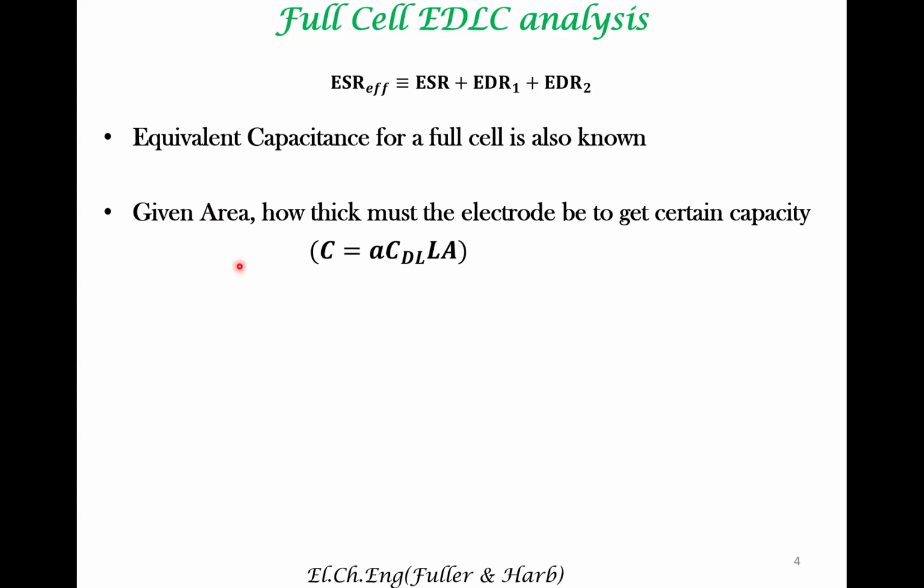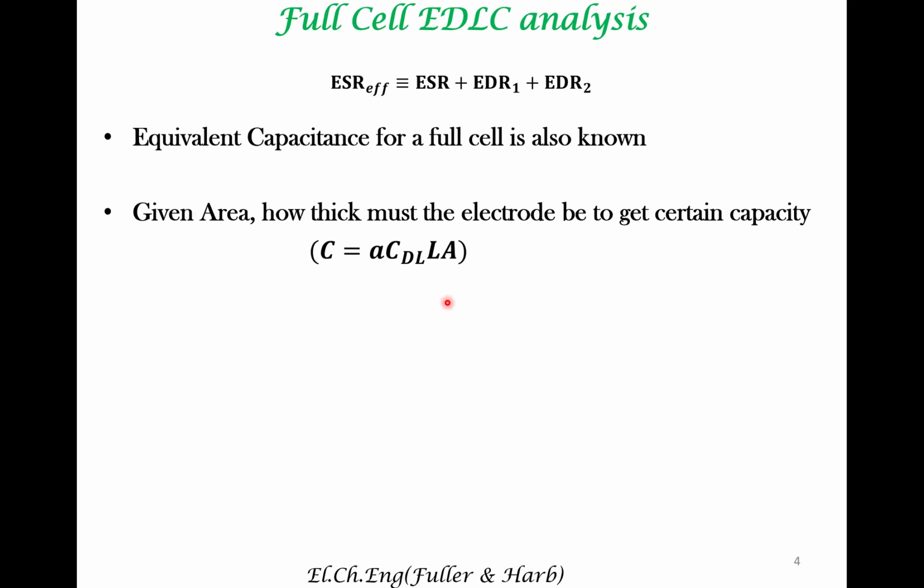If you know the area, given this quantity, and if you know how thick the electrode is, you can compute the overall capacity of a particular porous electrode. This is an important quantity which needs to be specified in practical applications. This is the formula, and it should be straightforward.